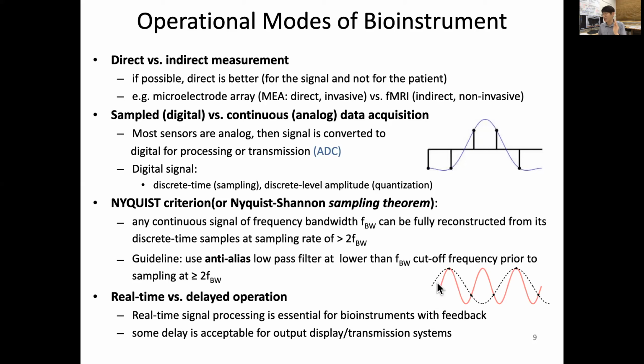If we connect these black dots as a sinusoid, we realize the shape of the sinusoid is completely different from the original. So we are actually misleading the signal by our slow sampling.